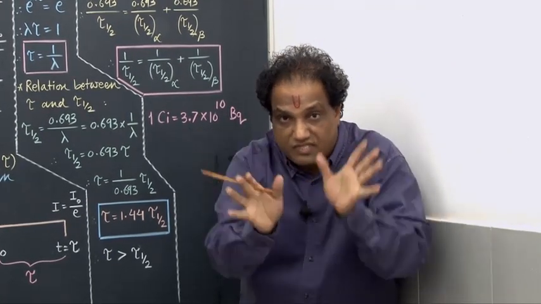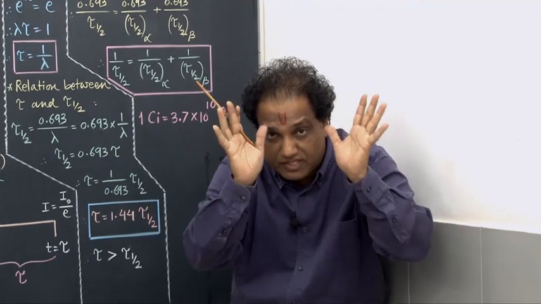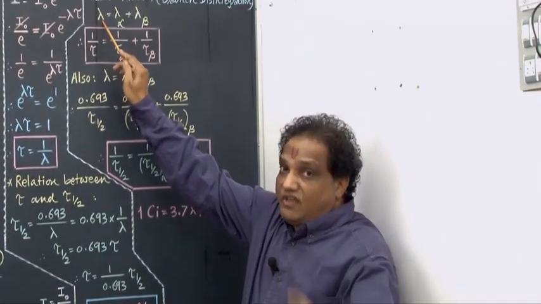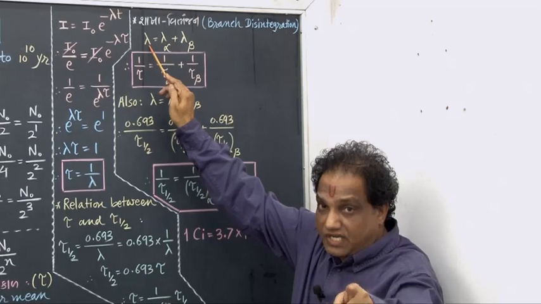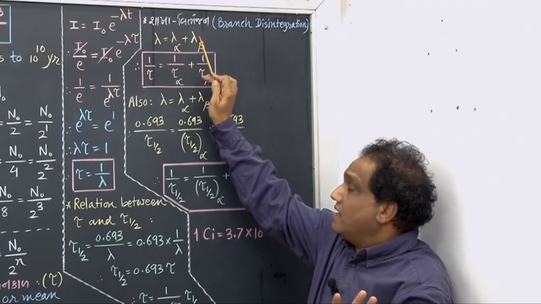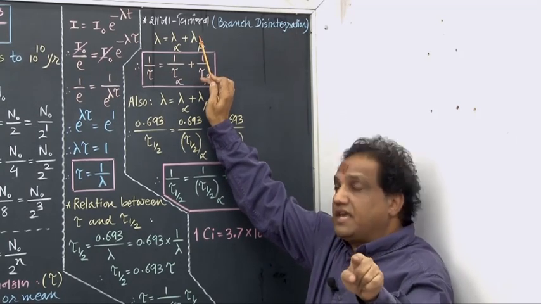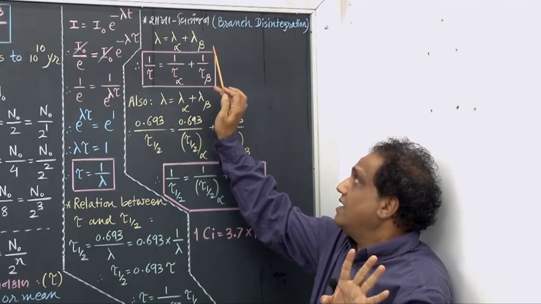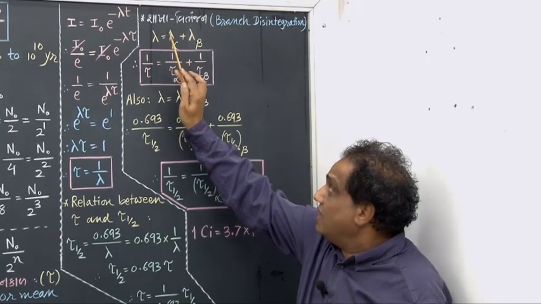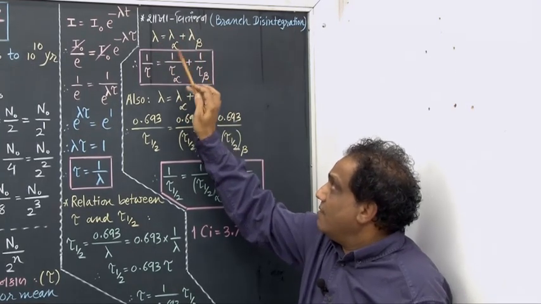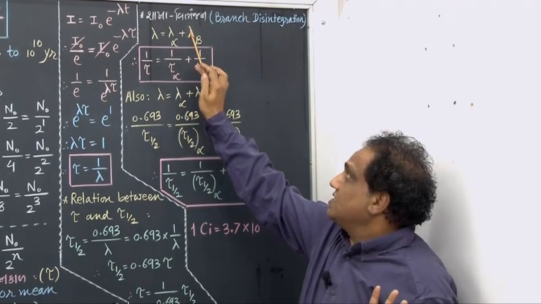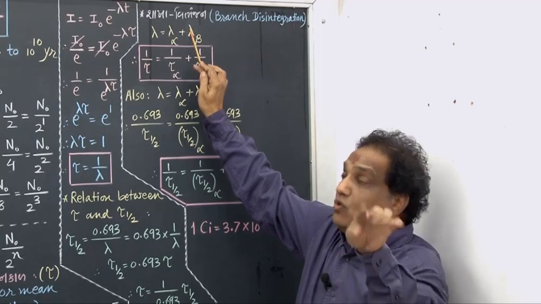If both alpha and beta decay go parallel at the same time, then the effective radioactive constant of such an element is equal to the summation of the radioactive constants of that element for only alpha emission and only beta emission. So lambda equals lambda alpha plus lambda beta, where lambda alpha is the radioactive constant of that element when it emits only alpha particles, and lambda beta when it emits only beta particles.